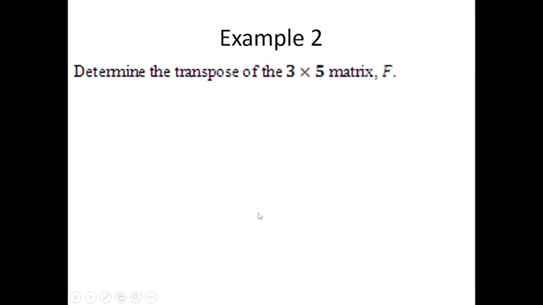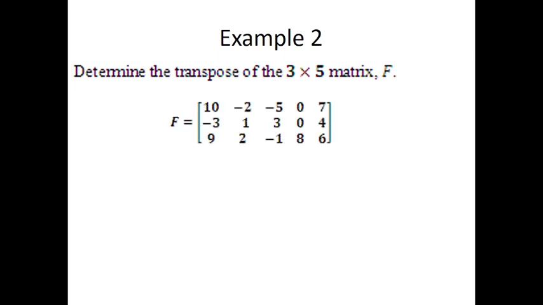Then another example, the transpose of the 3 by 5 matrix F. Okay, so we just write F transpose. We have here 10, negative 3, 9. They are in the first column, so we can write them at the first row. Now, negative 2, 1, 2, we can write them at the second row.